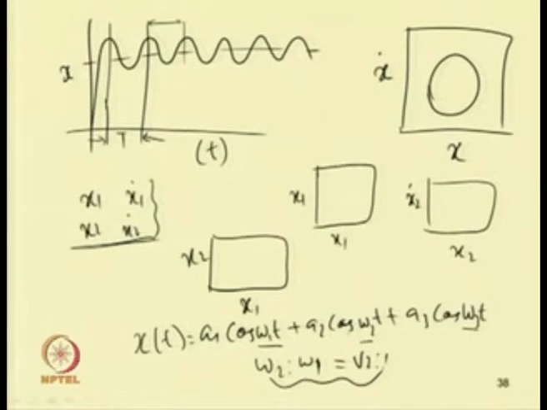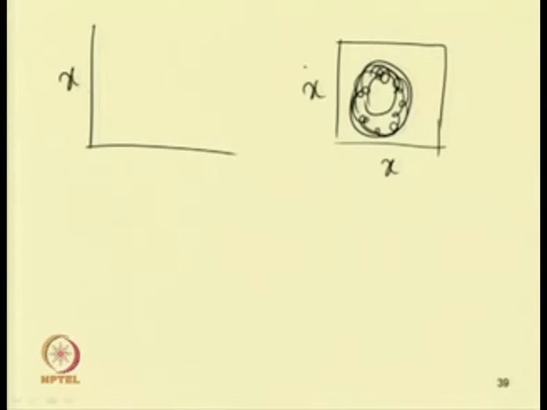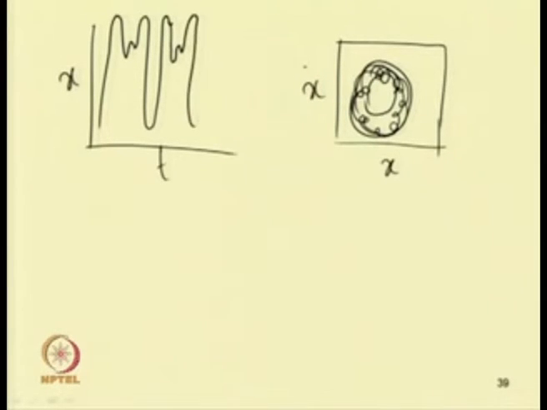And already we have seen that in case of the quasi periodic response, the phase portrait may look like this. It is known as a torus. This is x dot versus x, and the corresponding time response is aperiodic, and it may look like this and it may repeat.